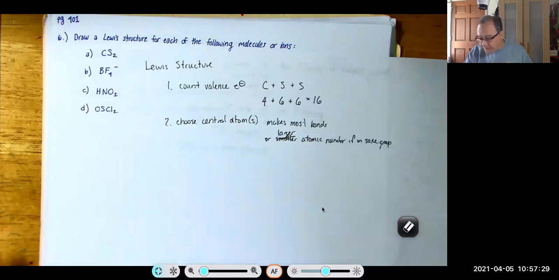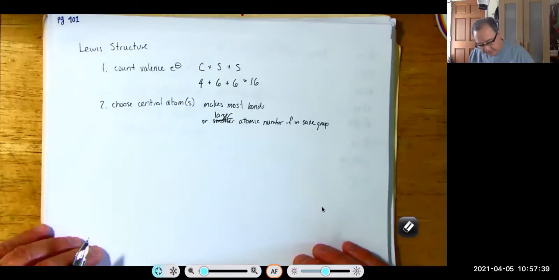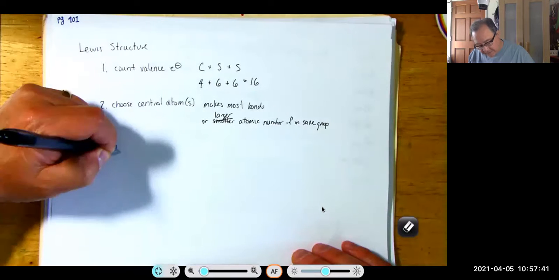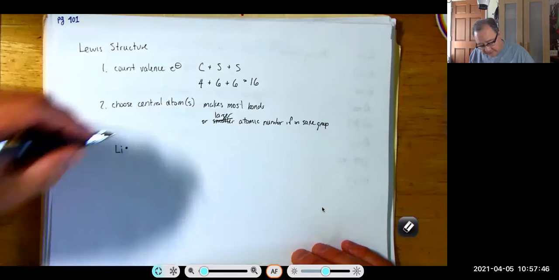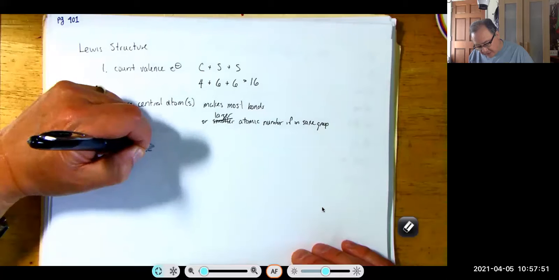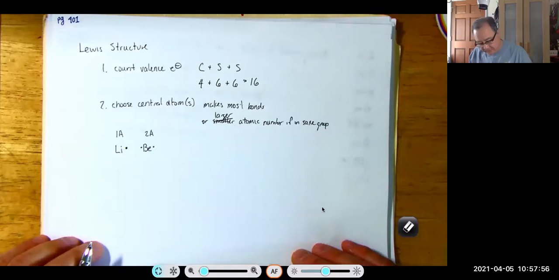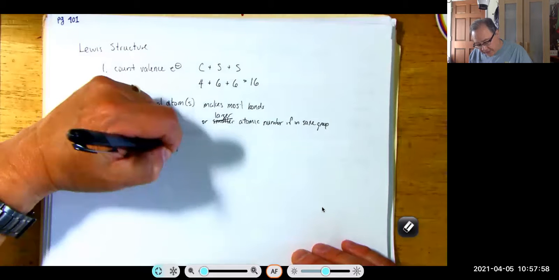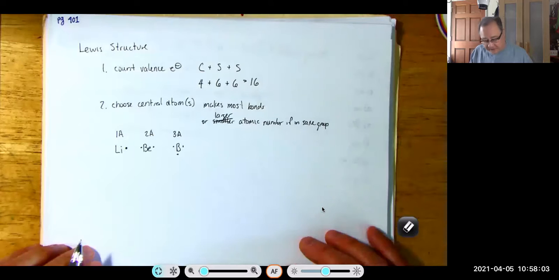Okay. So let's take a look at the number of bonds an atom usually makes, and let's look at period 2. So you've got lithium, and there's its 1 valence electron because it's in group 1A. Here's beryllium, and it's got 2 valence electrons because it's in 2A. Here's boron, it's got 3 valence electrons because it's in 3A. And each dot represents a valence electron.